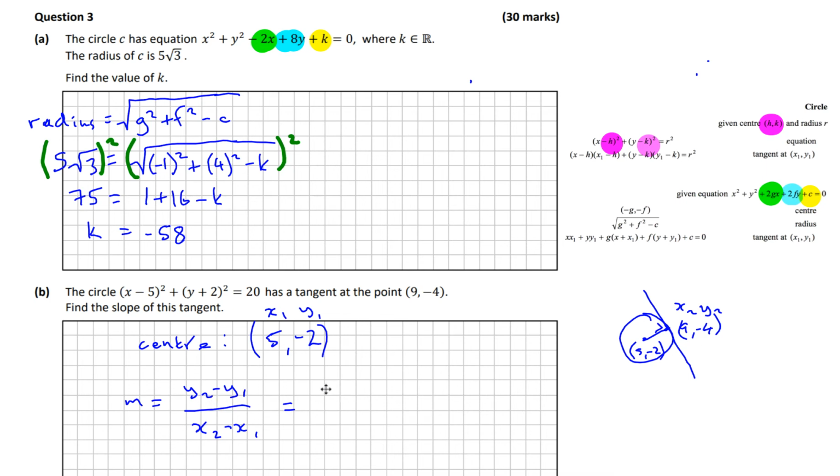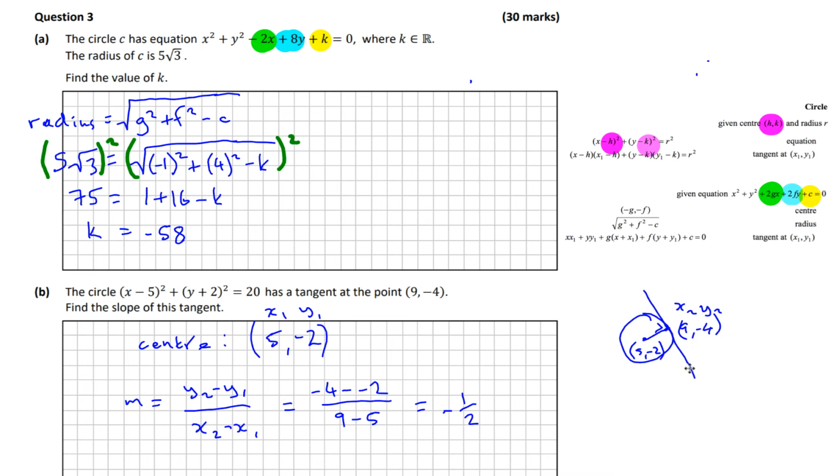So y2 minus y1, that's minus 4 minus minus 2, all over x2 minus x1. x2 is 9, minus x1 is 5. And when we put this into the calculator, what do we get? We get minus 1/2. So the slope of the radius from the center to this point, 9, minus 4, is minus 1/2.